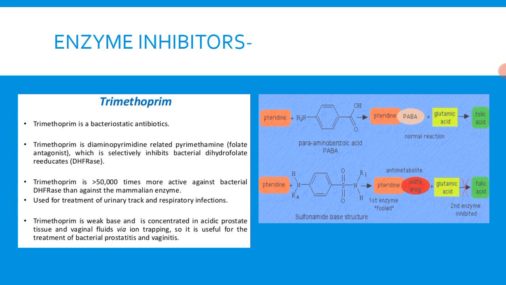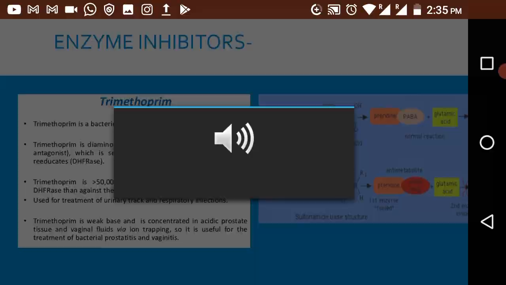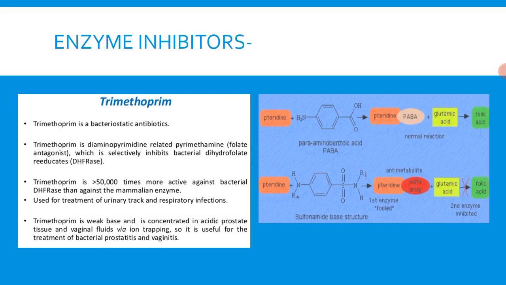Then trimethoprim is a diaminopyrimidine related to pyrimethamine, which selectively inhibits the bacterial DHFRase, which is called the dihydrofolate reductase enzyme.